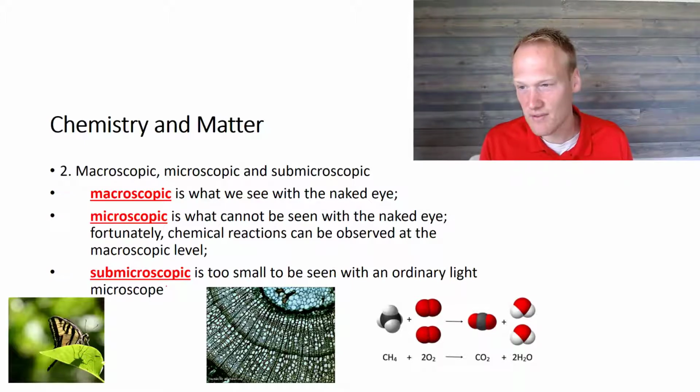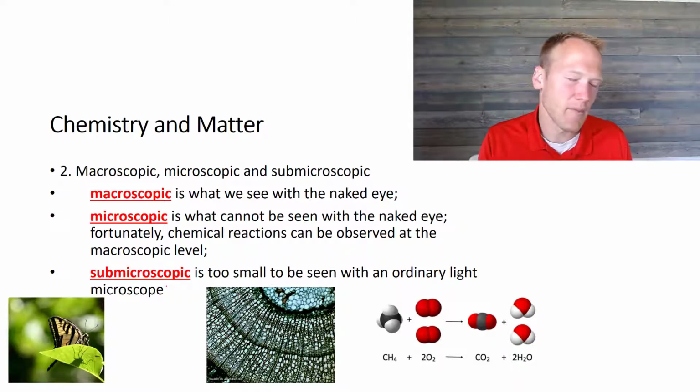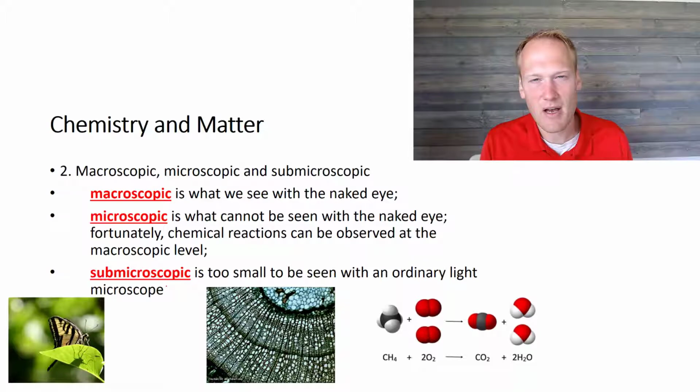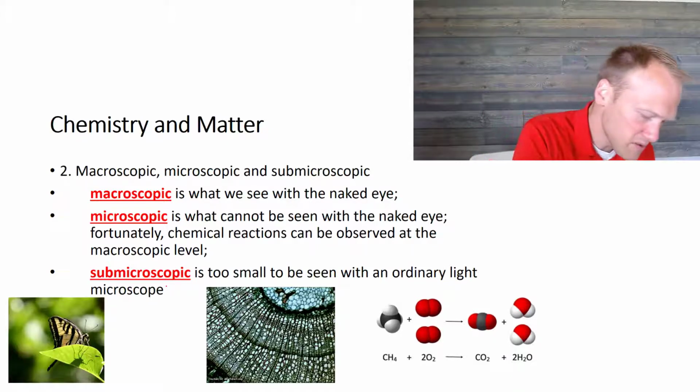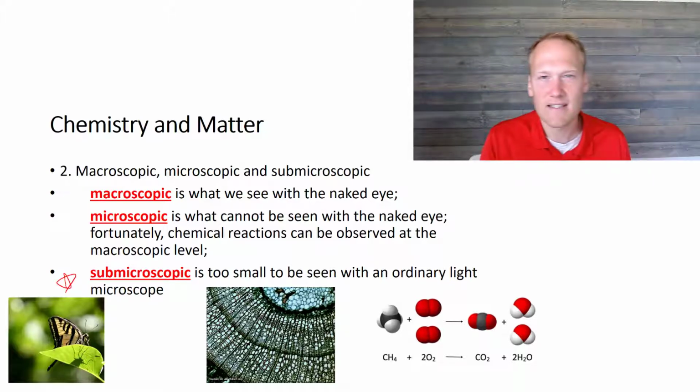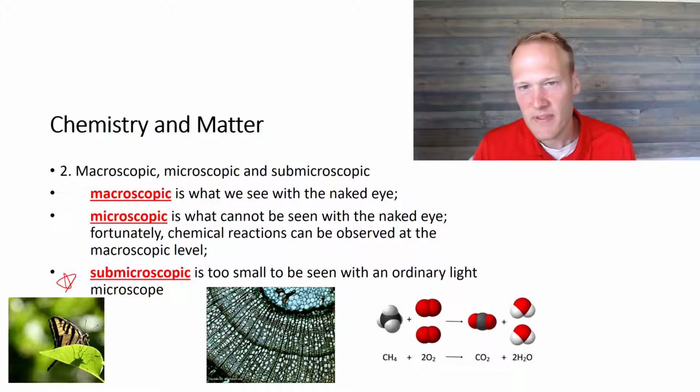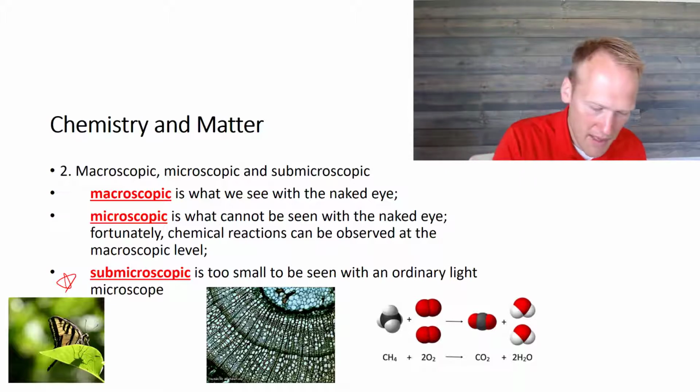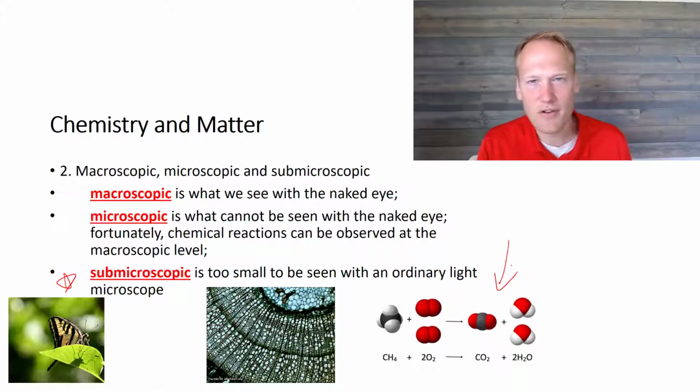Microscopic observations are things you can't see with the naked eye, or you need a microscope for. If you remember in biology class, you probably looked at some onion cells under a microscope. You're magnifying it and seeing things that you couldn't see with your naked eye. But in this class, we're going to spend most of our time in the submicroscopic level. This is when we're looking at things that you can't even see with a microscope.